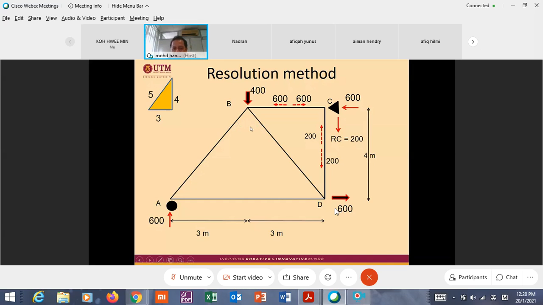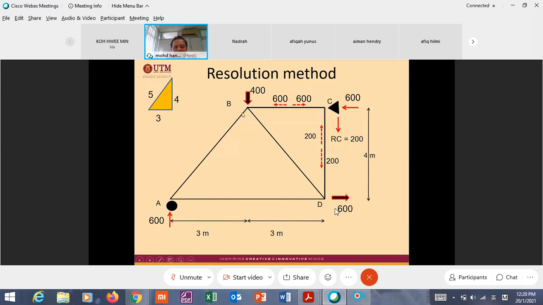So for the resolution method, when both of the members are diagonally slanting or having rectangular components x and y, we cannot go to that joint. Understand? You can go to the joint if you use equations.